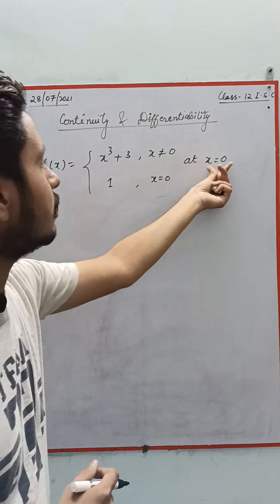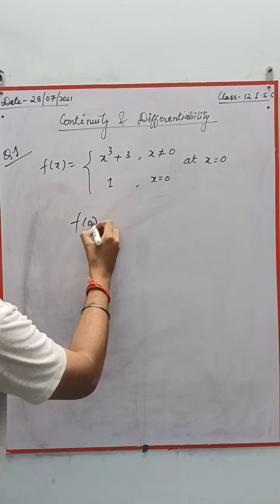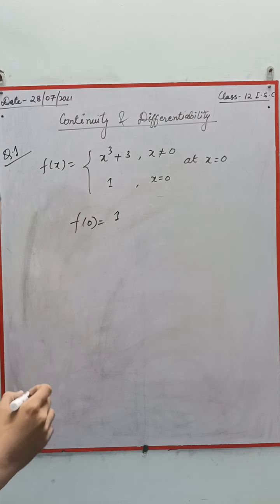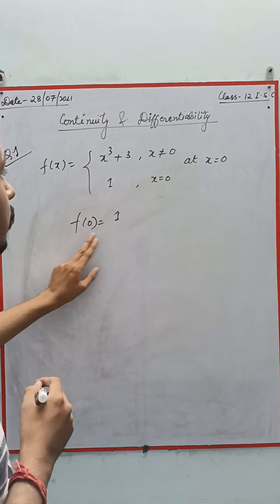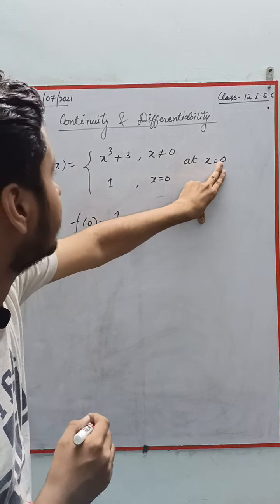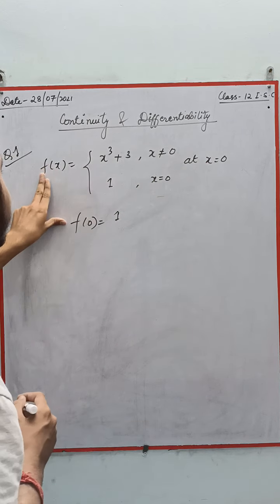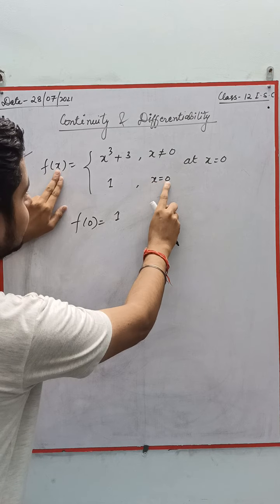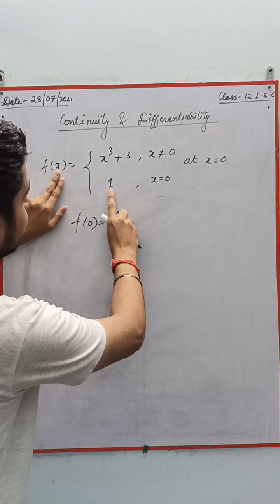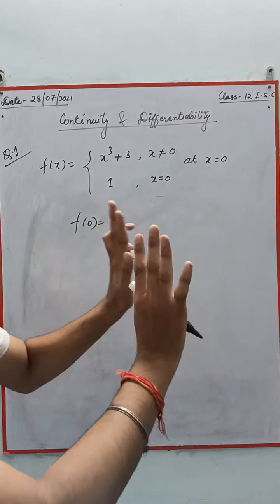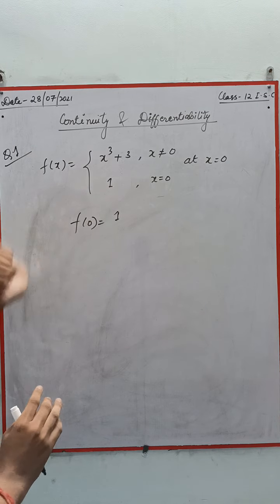First of all, at x equal to 0, that means f(0), we are getting 1 as the answer. I told you that at x equal to c, we have to check the value f(c). So at f(0) we are getting 1, which is already given in the question. Keep it as it is.